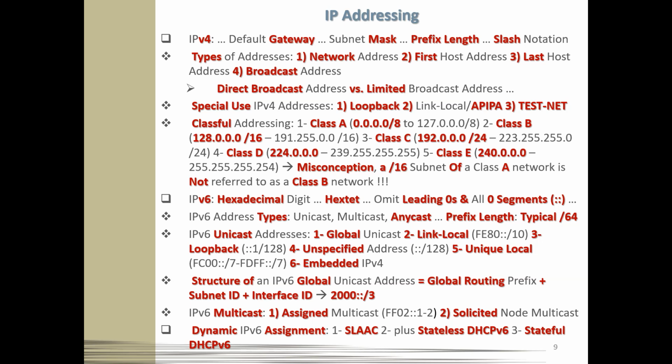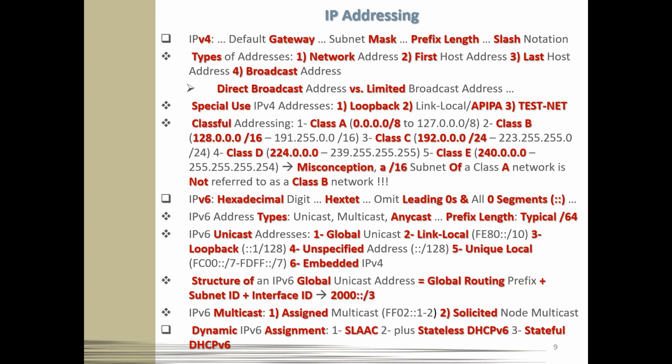The second group is solicited node multicast. Solicited node multicast addresses are used as a more efficient approach to IPv4 broadcast address. And as a result of this, we don't have ARP, address resolution protocol, as such in IPv6.